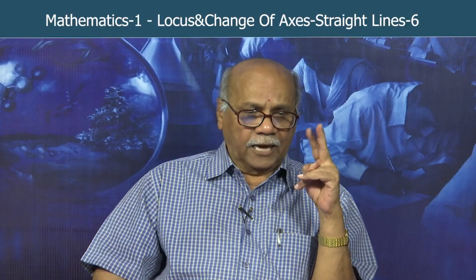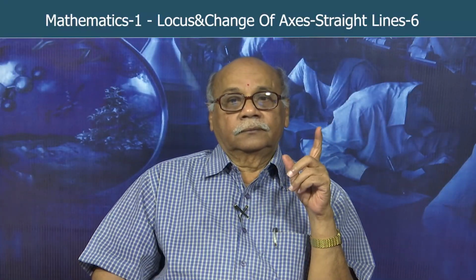And we have discussed two aspects in change of axis. One is how to use change of axis to remove the xy term and the first degree terms from the second degree equation.